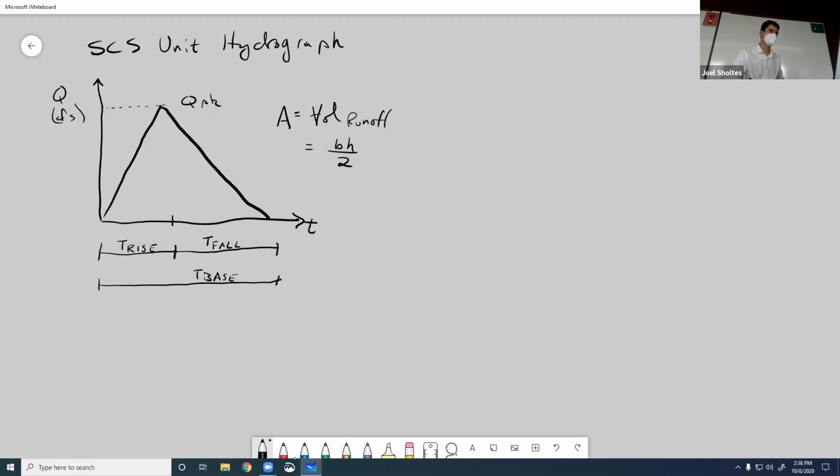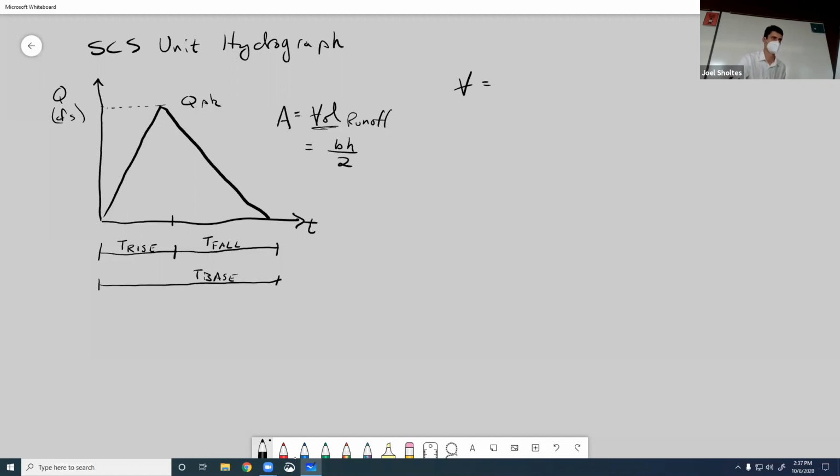All right, so we'll stick with this volume, also known as area. Edgar, can you tell me what the volume is in terms of Q and T using these parameters here? We're just using the triangle formula.